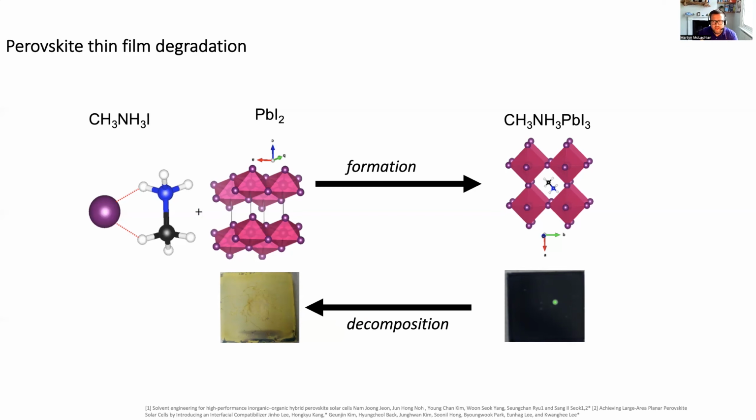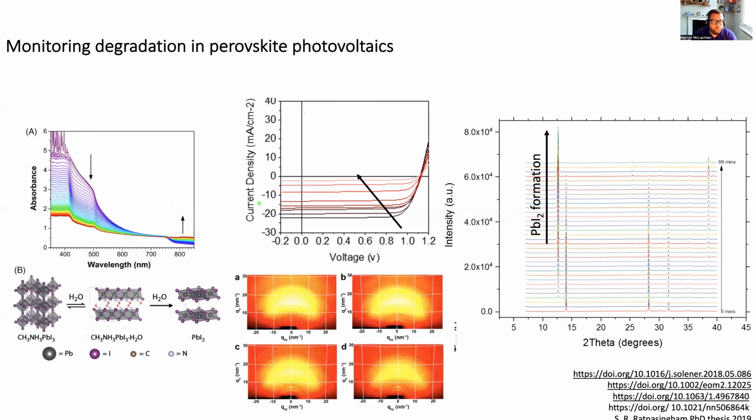So we see this dark grey black material that is very highly reflective, and on exposure to any of the factors I mentioned previously, this decomposes to this yellow material, which is one of the precursors, lead iodide. This is an interesting process because, as we undergo this decomposition, we can monitor it and understand in more detail about structural stability, and again, thinking about the influence of compositional control on stability.